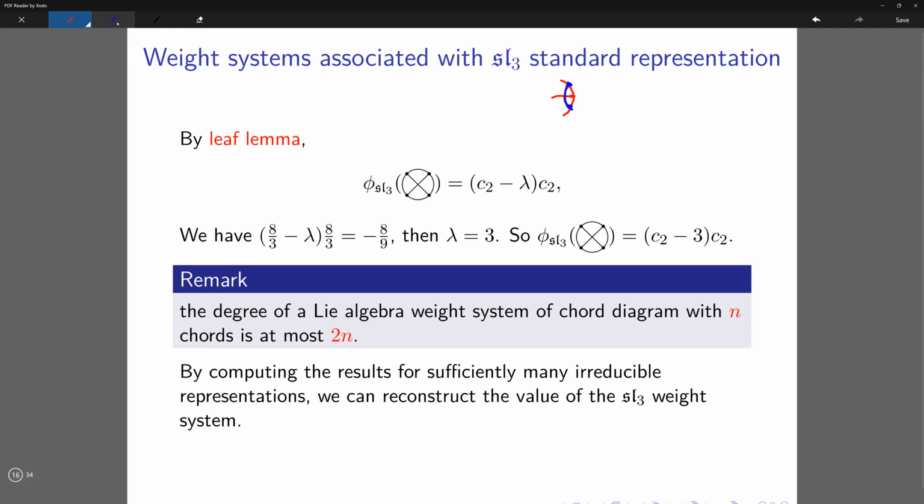And the leaf lemma tells that the weight system is just C2 minus lambda times the weight system with the leaf removed. So this, oh, sorry, it's this pair.